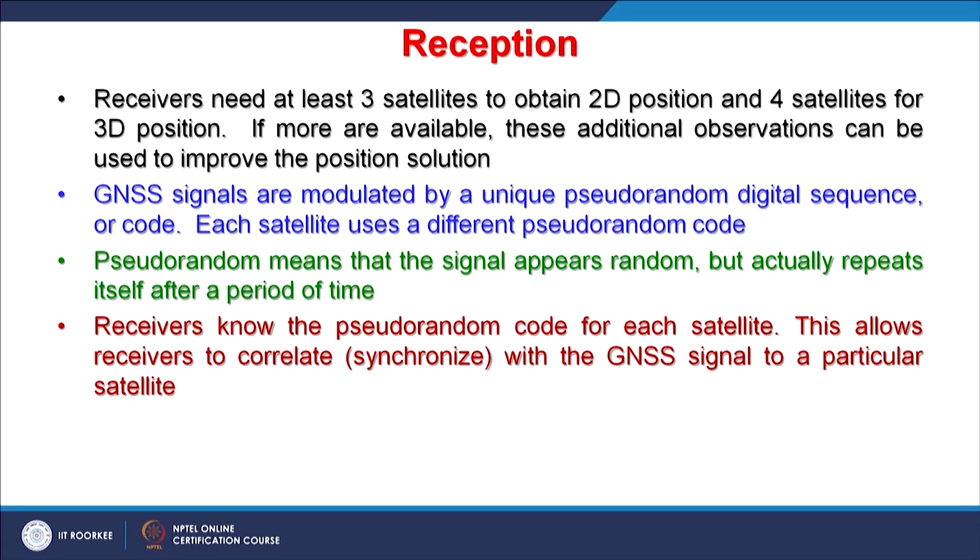So after some time the receiver starts knowing where these signals are coming from, the codes are available, and this allows the receiver to correlate or synchronize with the GNSS signal of a particular satellite. And then you can say it is locked, so then it starts getting the signal.